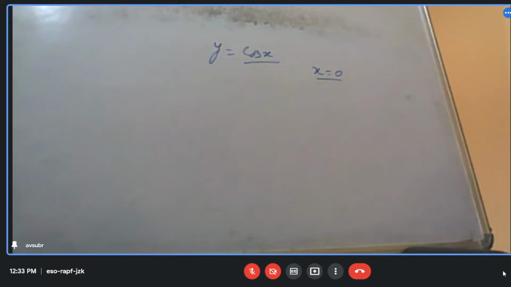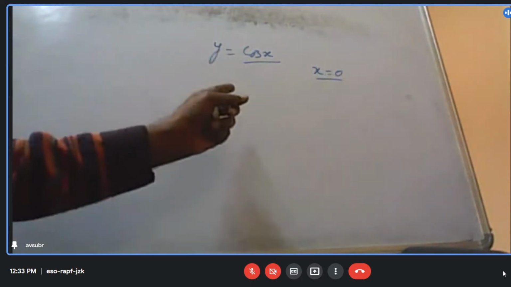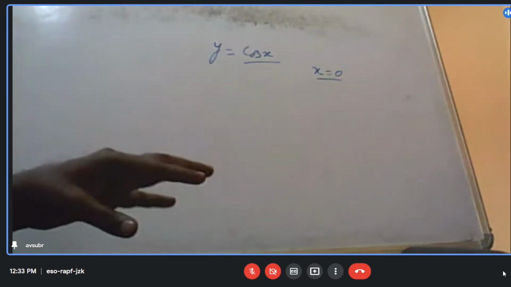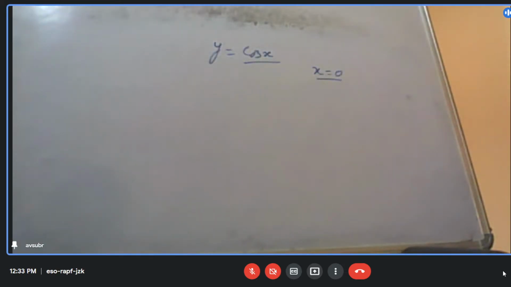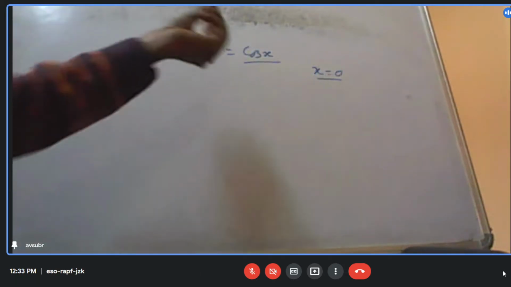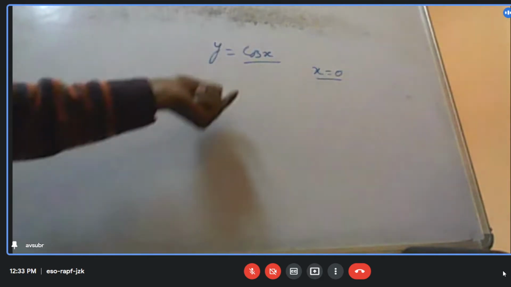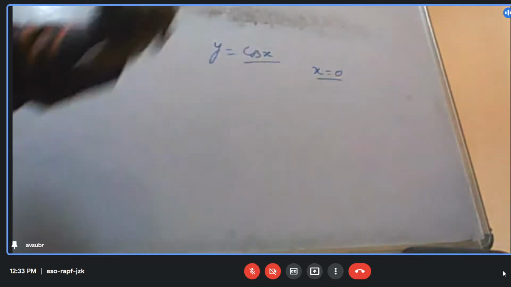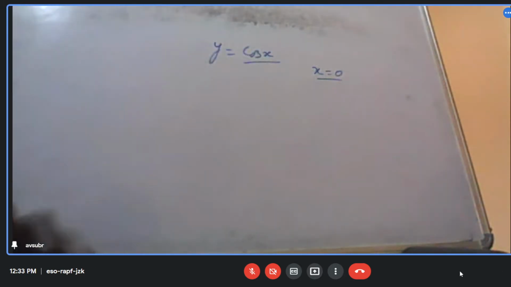So it is like that: I know the value of cos x at only this point, x equal to 0. However, I want to find out other values of cos x, at different values of x.